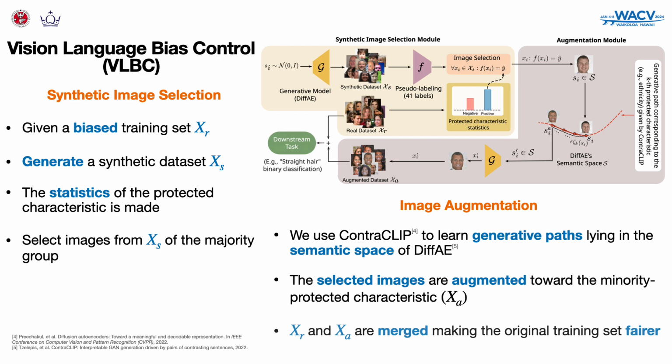Finally, the augmented dataset XA is merged with the real dataset XR, balancing the original training set, making it fairer. The flexibility of this approach allows us to also increase the bias by augmenting towards the opposite direction. This is, however, discouraged, and we explore this direction for research purposes only.